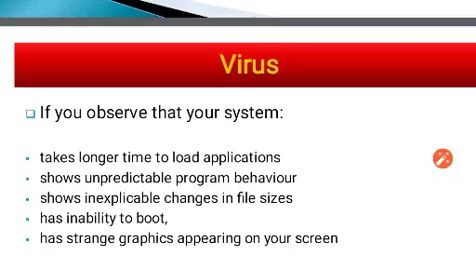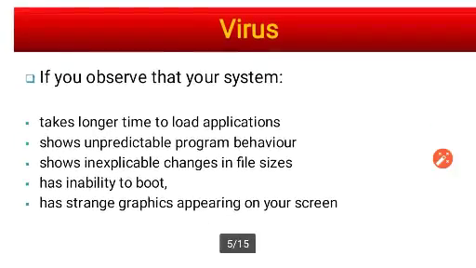Now, we have to understand what the symptoms are. If your system is affected by a virus, what are the things that you can notice? It takes longer to load applications, shows unpredictable program behavior, and the file sizes change drastically.